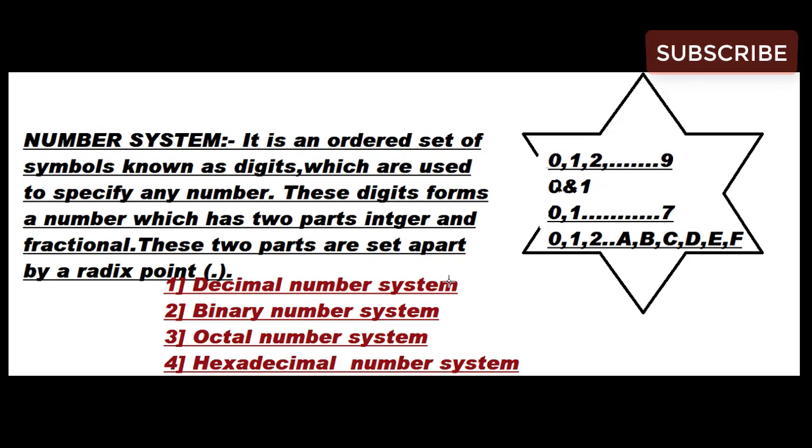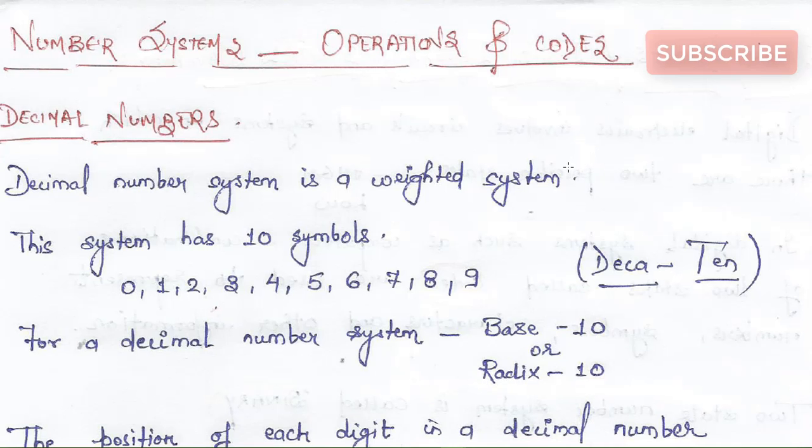So I think you understand what the number system is. Let's see all the number systems individually. So I hope you know what the number system is, and now let's talk about the decimal number system.